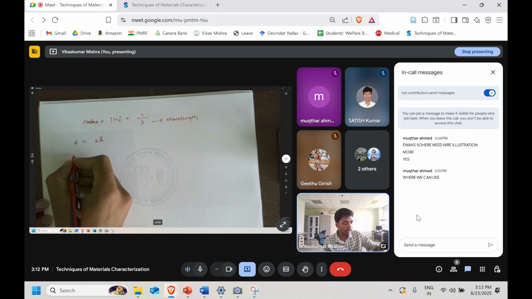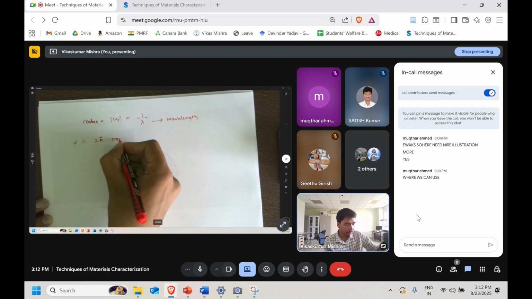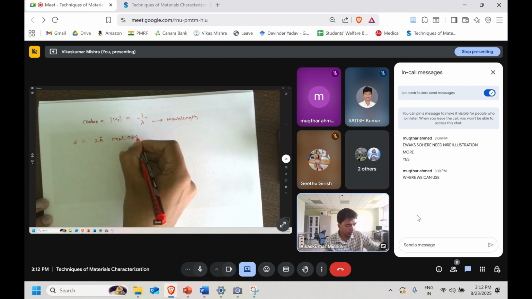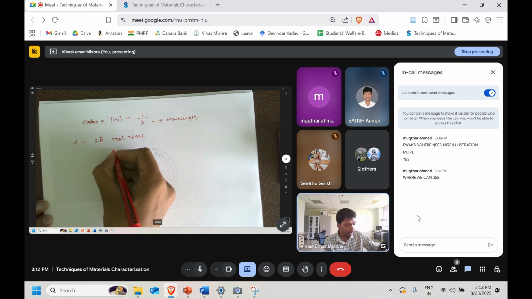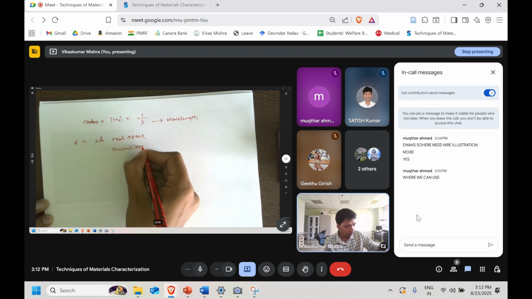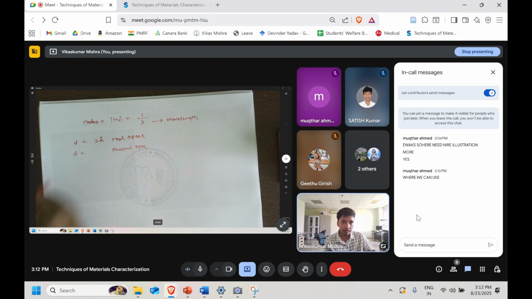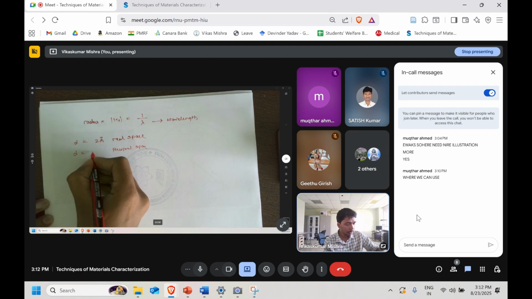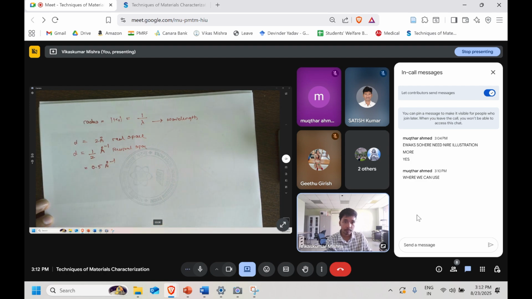This is in the real space. In the reciprocal space, the d spacing will become 1 by 2 angstrom inverse, that is 0.5 angstrom inverse.